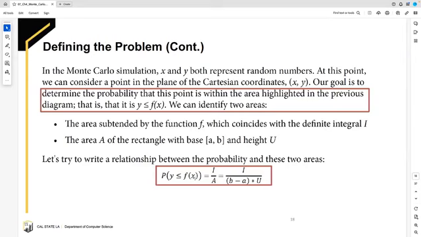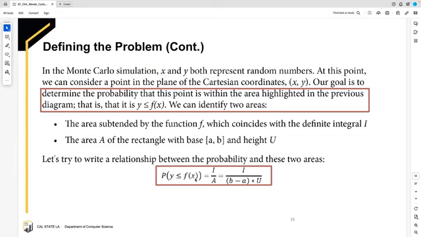of the space. So if I want to define this probability, the part that I'm interested in is I, which is the integral that we want to calculate, the gray area, divided by the sample space, which is A, which is defined here. It's the size of the rectangle, the area of the rectangle. Okay.